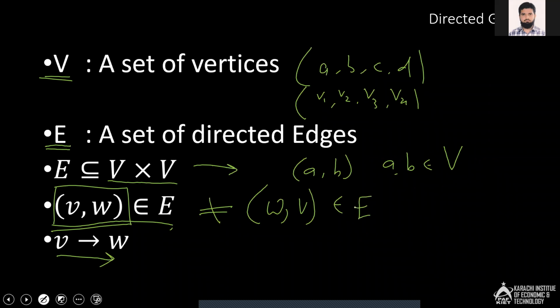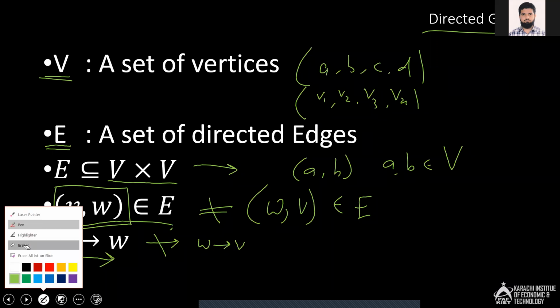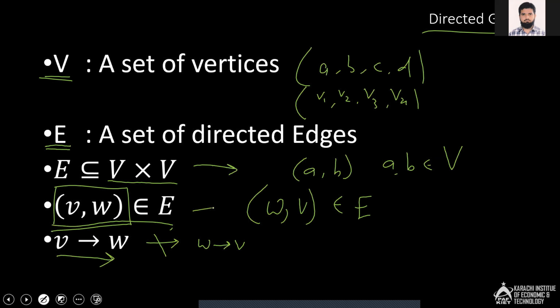Had it not been an ordered pair, the reverse would have been true. But since it's an ordered pair and it's a directed graph, having an edge from V to W does not imply, I should have used the symbol for implies, that W has an edge to V.